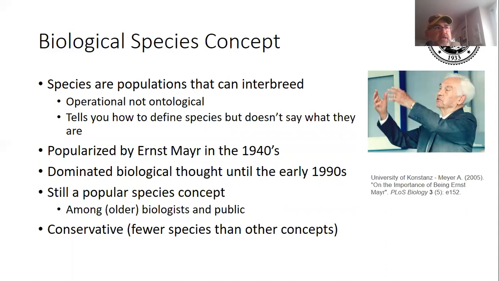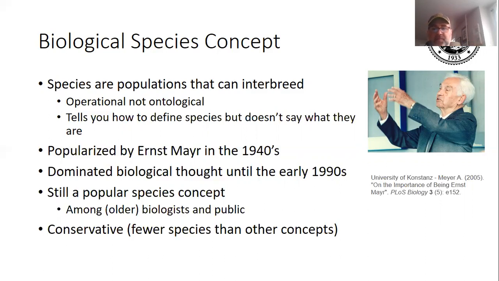So the typological species concept is about 2,000 years old. And it wasn't until the 1940s when Ernst Mayr came along and really helped us pick out particular criteria by which we can set up boundaries between species. And Ernst Mayr used the criteria of interbreeding.